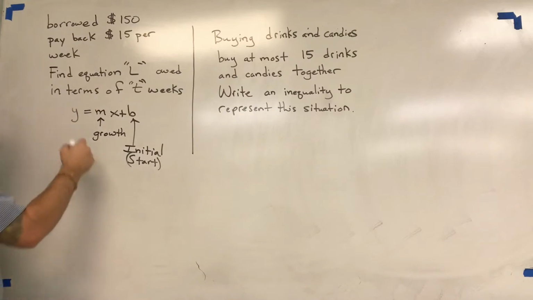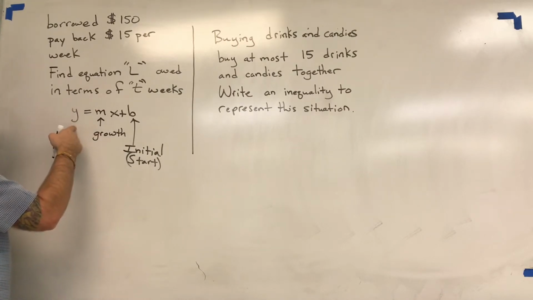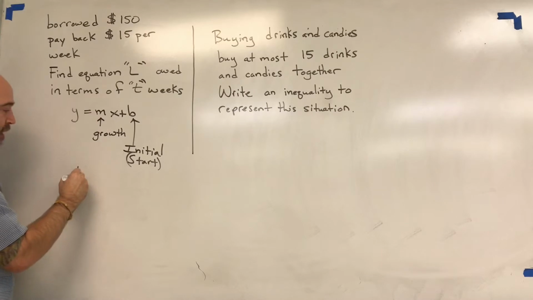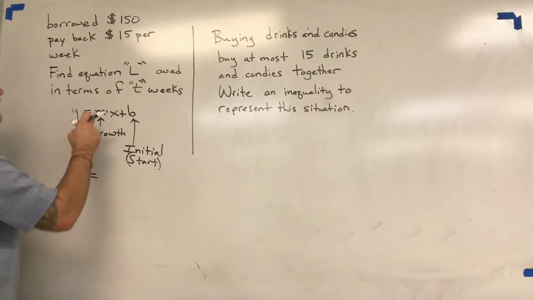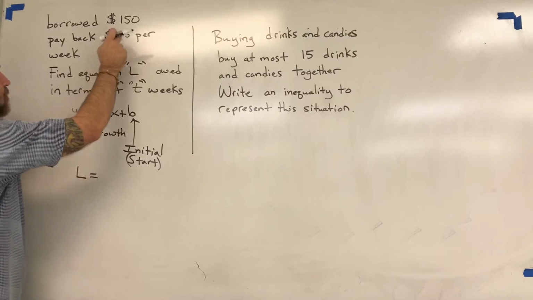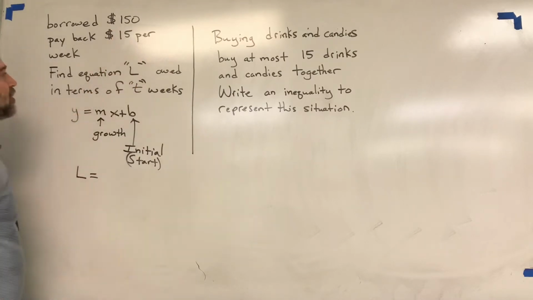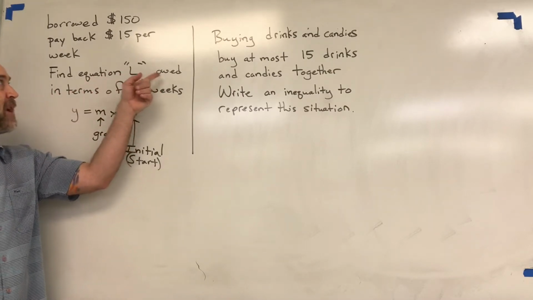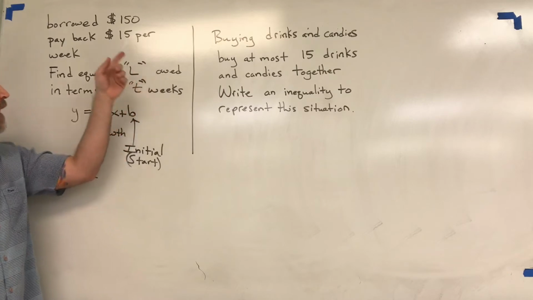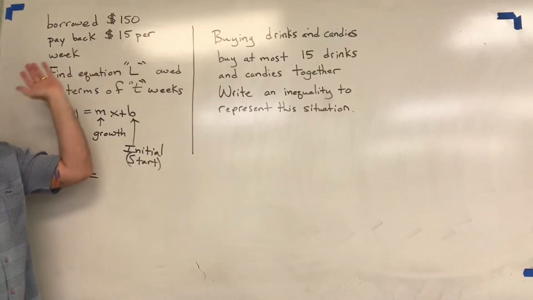So our variable for y is the total. In this case, it's the total owed. So L is equal to. Our growth in this case is they're paying back $15 per week. Now we got to be careful. This is the equation L owed. How much money do we owe that person?